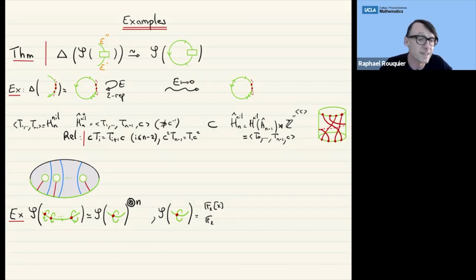Here, closing this circle is a bit reminiscent of how you get an S1 by starting with an interval and somehow closing it. So there's possibly some explanation of that type going on here. It would be interesting to see if something like that can be done, for example, for affine Lie algebras or categorical structures. I don't know.